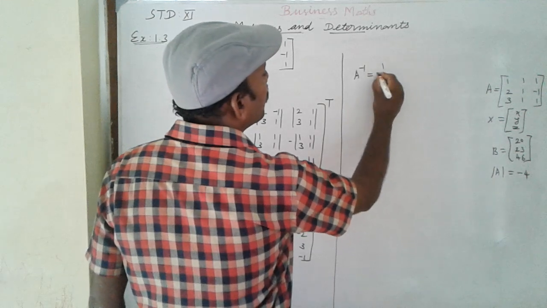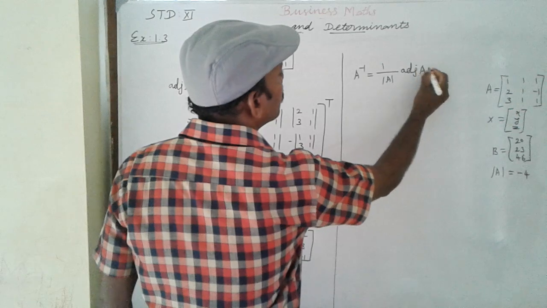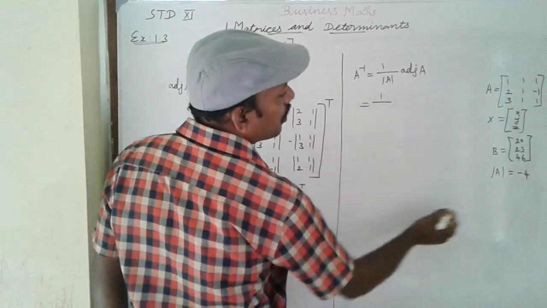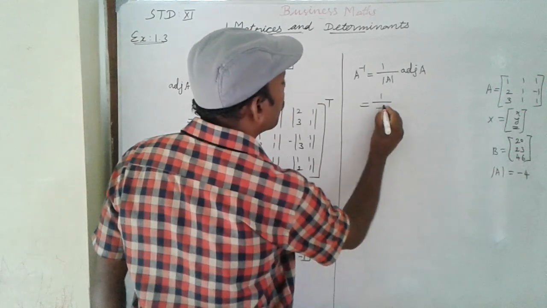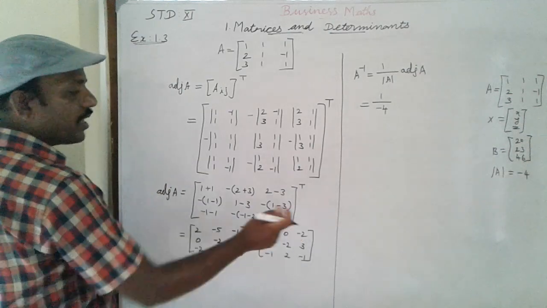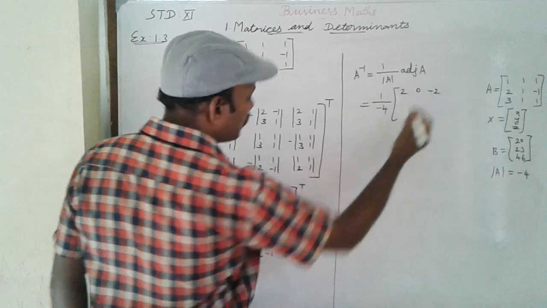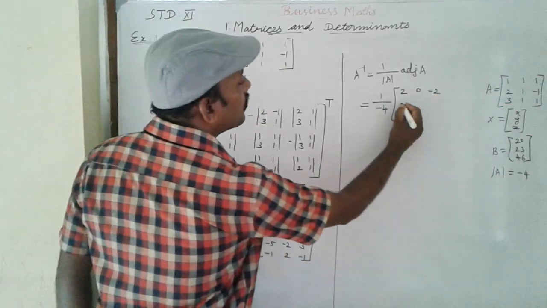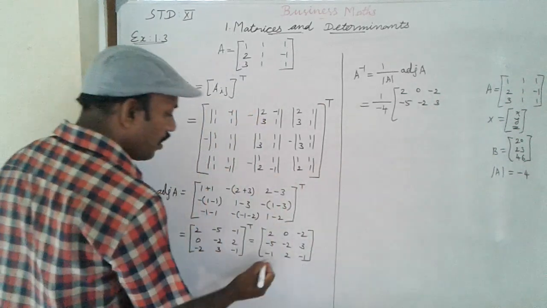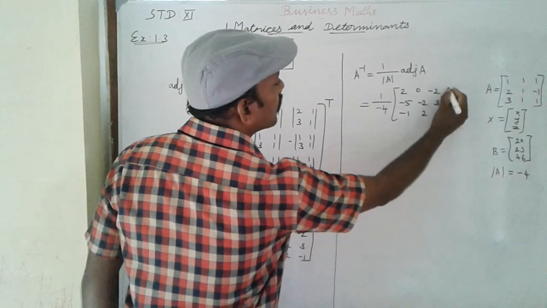So we know the formula A inverse equal to 1 divided by determinant of A times adjoint A. So we know 1 divided by determinant of A is minus 4. Adjoint A equal to 2 0 minus 2, minus 5 minus 2 3, minus 1 2 minus 1.